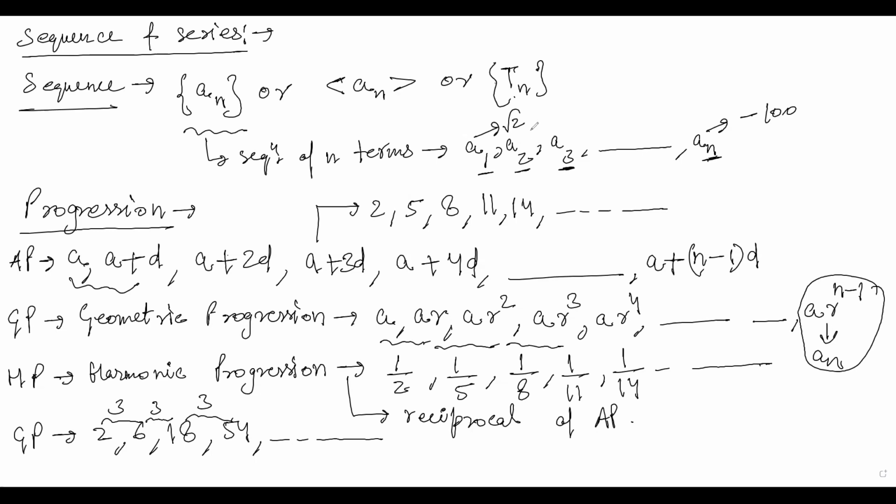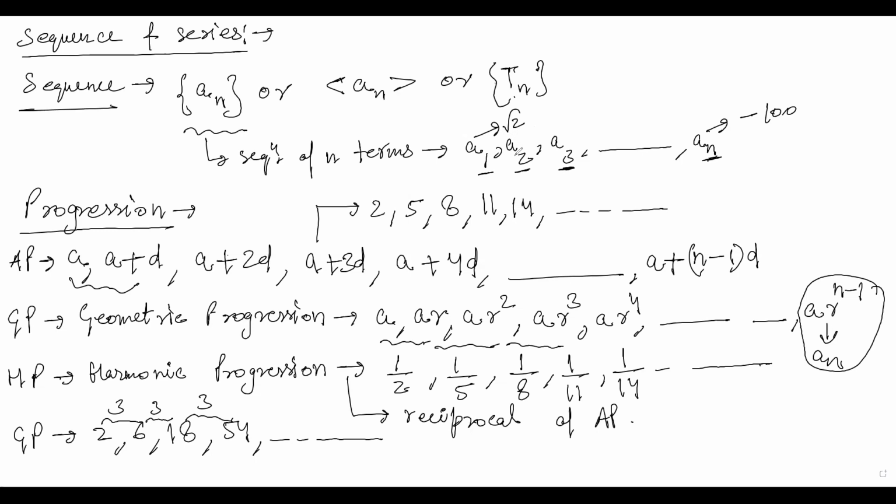So each term of any progression will always be like a natural number, right? Apart from HP. No, I didn't say that, Safa. I clearly told you what that means. The value of the term can be anything, but the name of the term will always be in natural numbers, like first term, second term, third term.